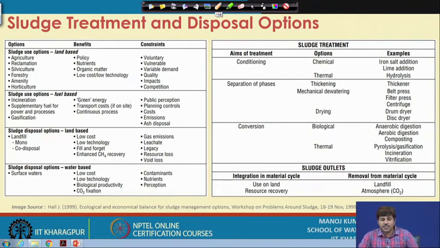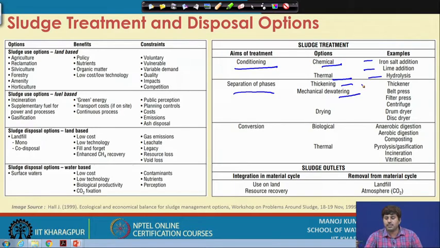Now, if we see the treatment options, these are the kind of use options and disposal options. Among treatment options there is conditioning of the sludge, which could be chemical conditioning or thermal conditioning. For this we can use iron salts or lime addition or hydrolysis. There is a separation of phases. So, through thickening and dewatering we can do the phase separation, okay.